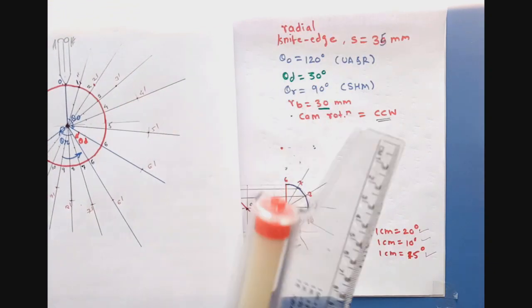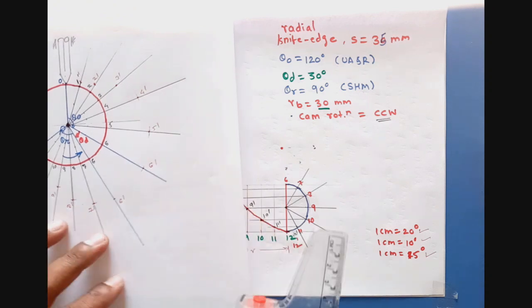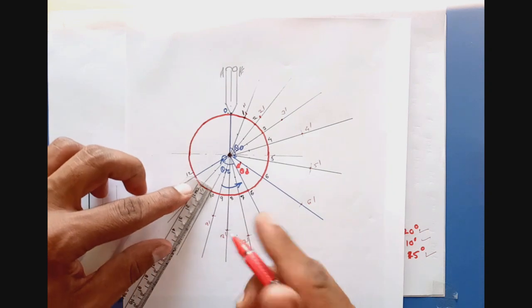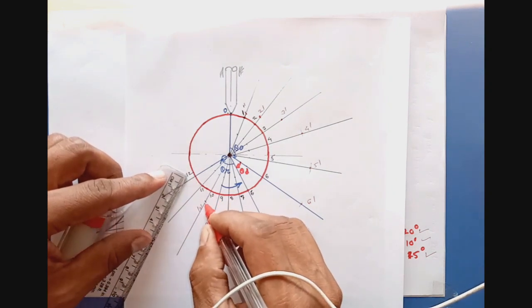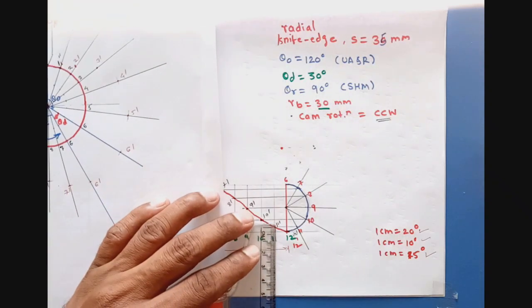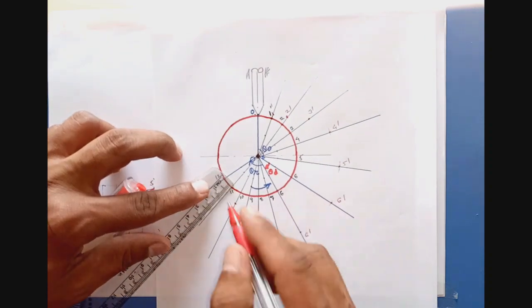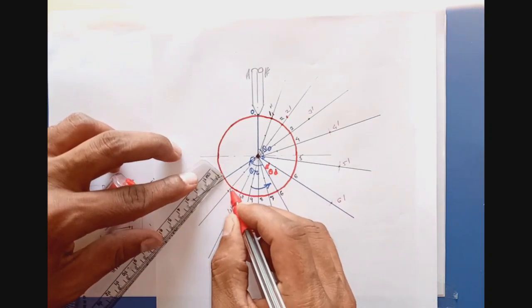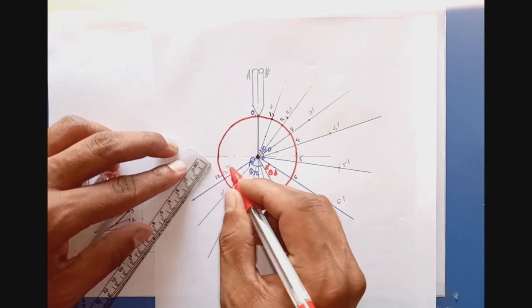Now we will make use of scale. 10 to 10 dash is 9 millimeters. And 11 to 11 dash is 4 millimeters. And 12 dash will coincide.